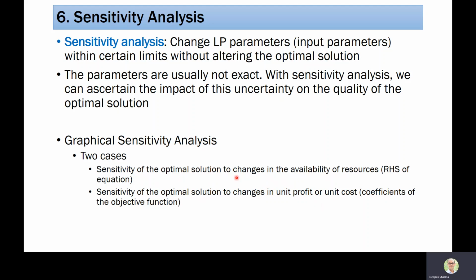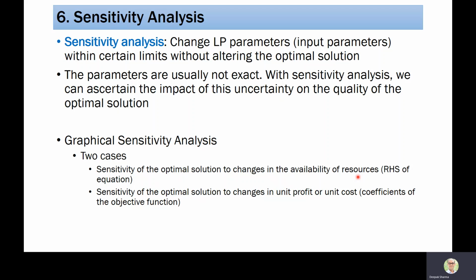Let me take an example related to the right hand side of the constraint. Suppose we are working in one of the industries where, based on the raw material and the capacity of the machines, we have decided this is our optimal solution. So we made the LP model, we used the Simplex method and we solved it.